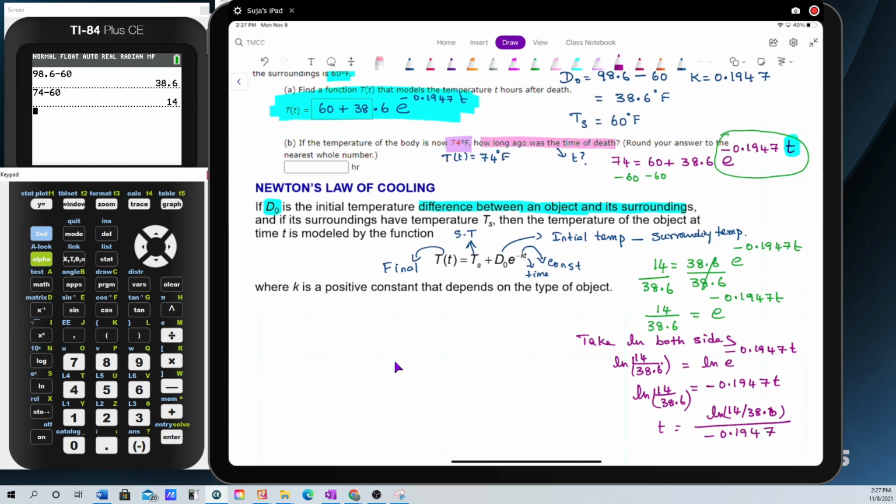So use your calculator: ln of open parenthesis 14 divided by 38.6 close parenthesis, divided by negative 0.1947. So t is approximately, it says round to the nearest whole number, so I would say approximately 5 hours. That should be the answer to this question.